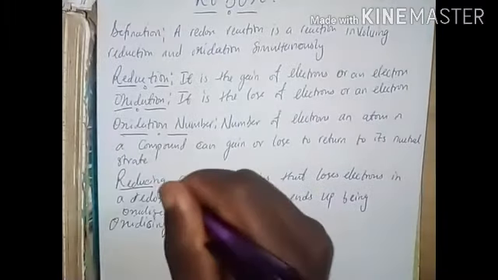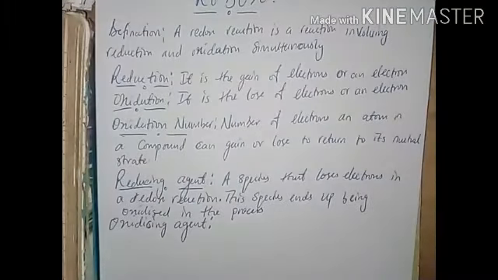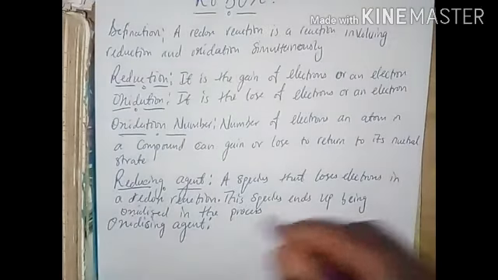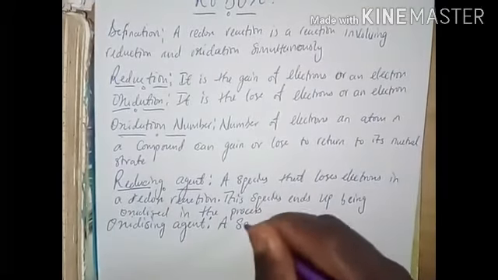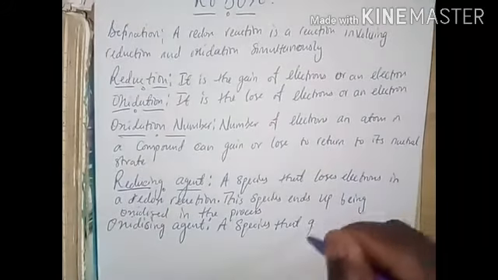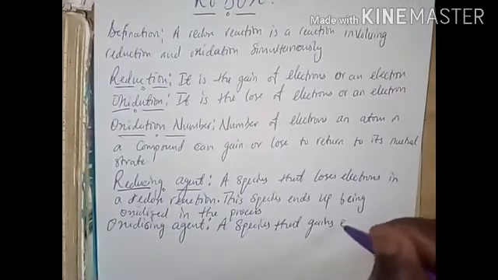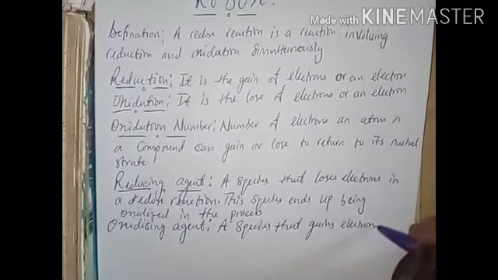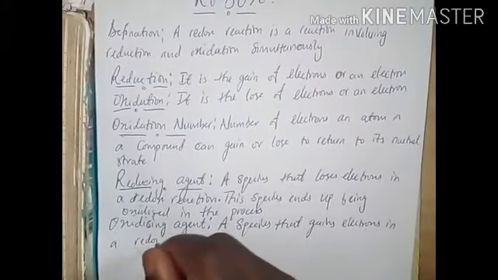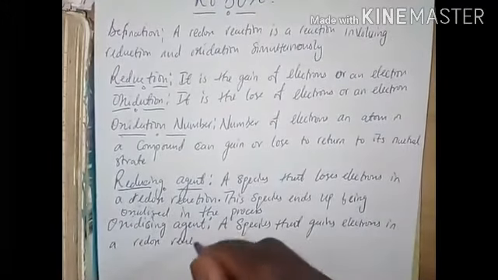Now we can also define an oxidizing agent. It will be the opposite of a reducing agent. So an oxidizing agent is a species that gains electrons in a redox reaction.